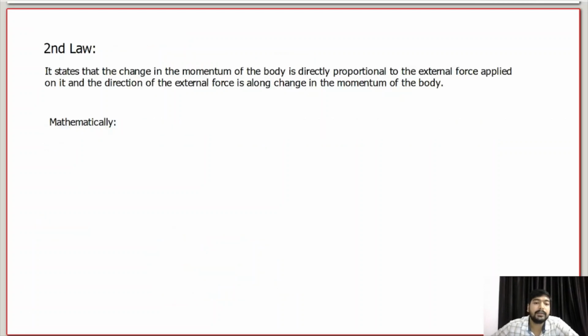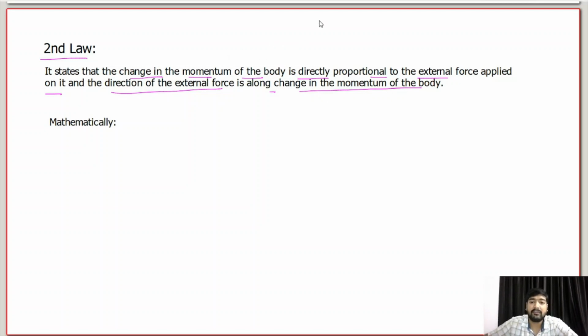Newton's second law of motion says that the change in the momentum of the body is directly proportional to the external force applied on it, and the direction of the external force is along the change in momentum of the body. Right?